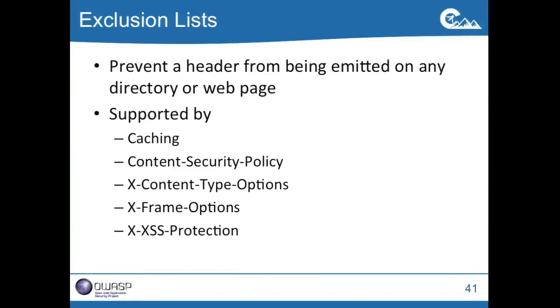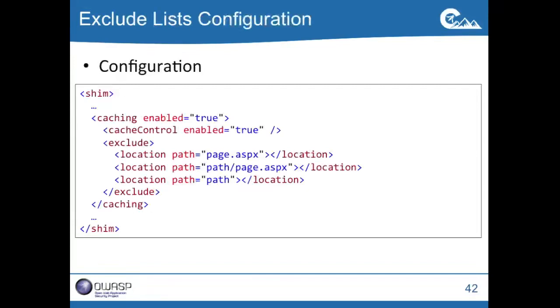So basically, in your configuration, you can set caching enabled and set cache control enabled, and then you can exclude any particular page, any particular image, any particular directory. Basically anything that you can hit with a location path, you can hit with the exclude list. So you can just add in pages, especially for caching. There are a lot of static type stuff that you don't want to bang back every time, hit the database, regenerate that page when caching is okay. So you can exclude that kind of stuff.